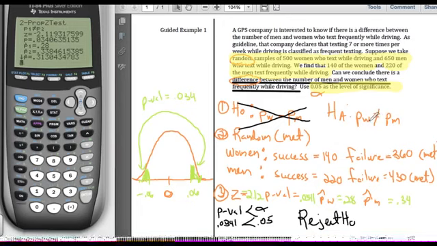So I would say, and I'm not going to write this out because I'm out of room, but I would say the data are statistically significant to conclude there is a difference between the number of men and women who text frequently while driving. There is a difference. We could go on to say it appears that men appear to be guilty of texting frequently more than women.